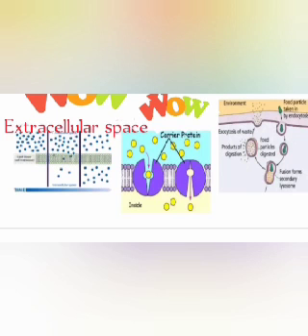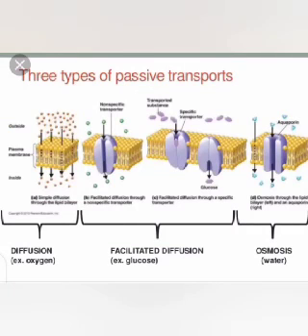A passive transport is the one in which certain substances like water molecule, oxygen, carbon dioxide, small carbohydrates, e.g. glucose, move across the membrane in their own natural tendency down the concentration gradient without an input of energy from the cell. A passive transport is subdivided into simple diffusion, facilitated diffusion, and osmosis.